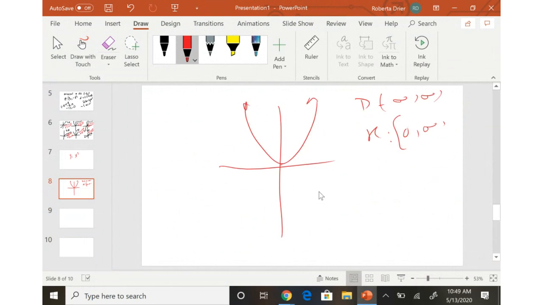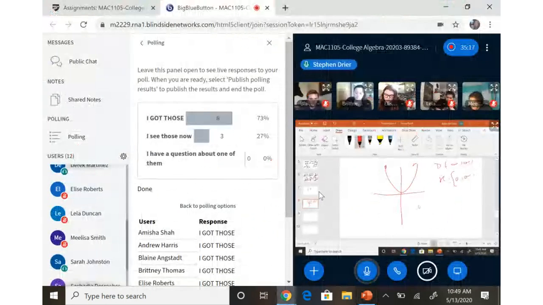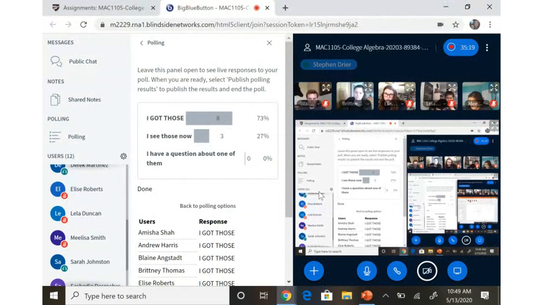Leela, are you a roller coaster enthusiast? Do you like roller coasters? Yes, I love roller coasters. Do you really? I do. Leela, I'm not.